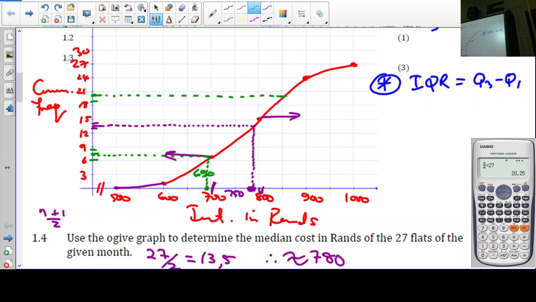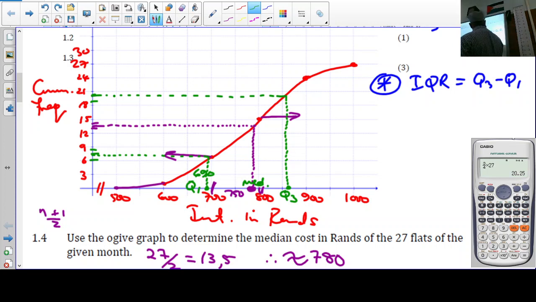You should be using a ruler and take a reading there. So this is your Q1, Q2, which is your median, and Q3 here, which comes to a value of 850, or just above 850. Let's go with 860.